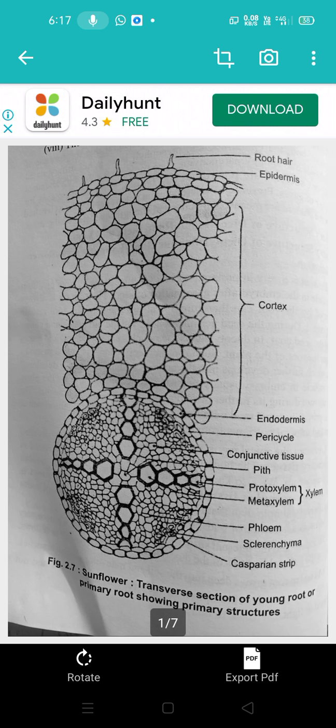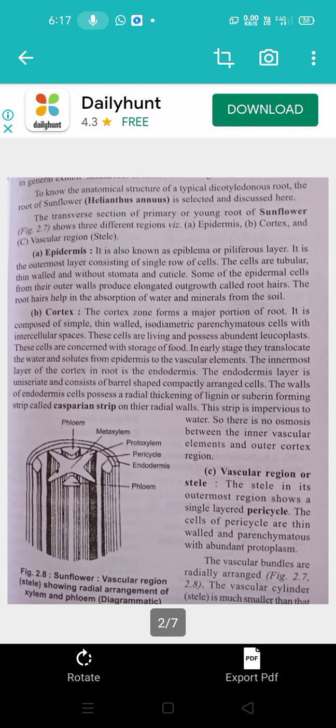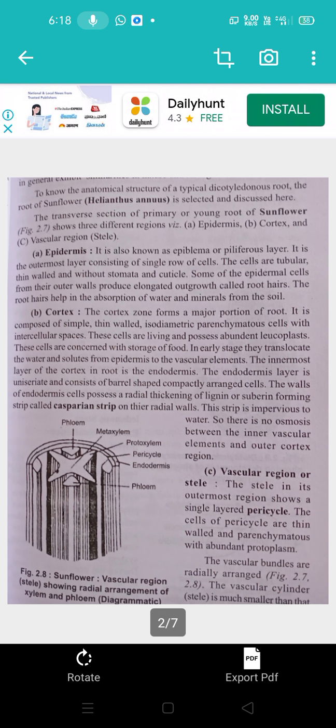In that primary structure, when we take the transverse section of this root, it shows three distinct main regions: first epidermis, second cortex, and third vascular stele.